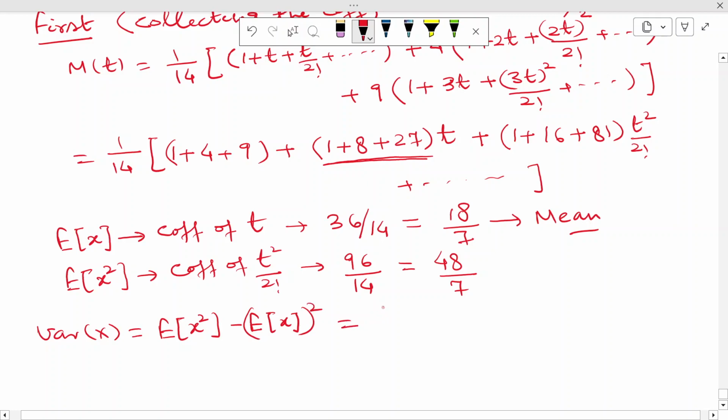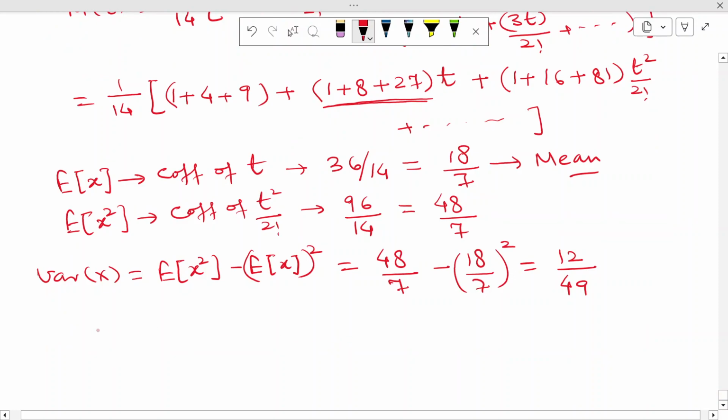So this is 48 upon 7 minus 18 upon 7 whole square, and this will give us the variance as 12 over 49. So this is how we can obtain our variance here. This is by the first procedure, by collecting the coefficient.